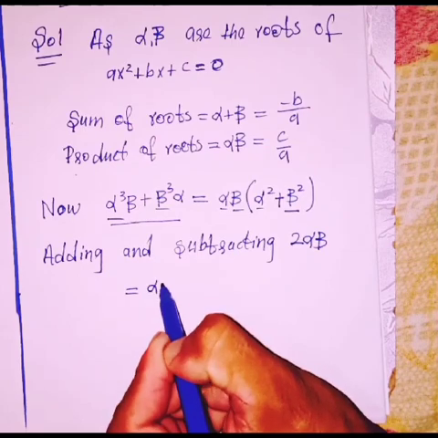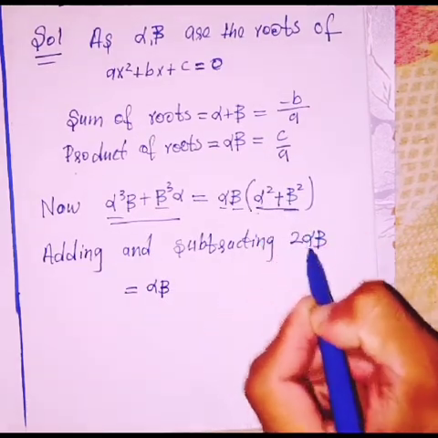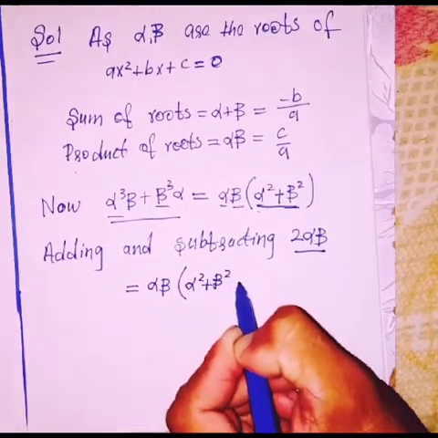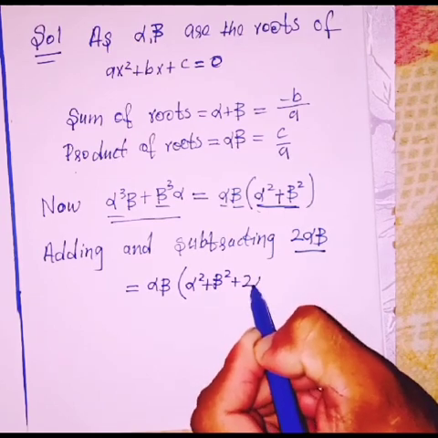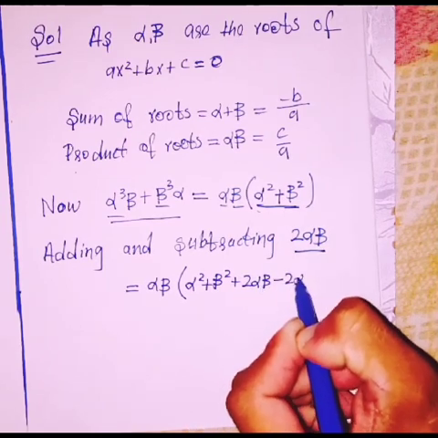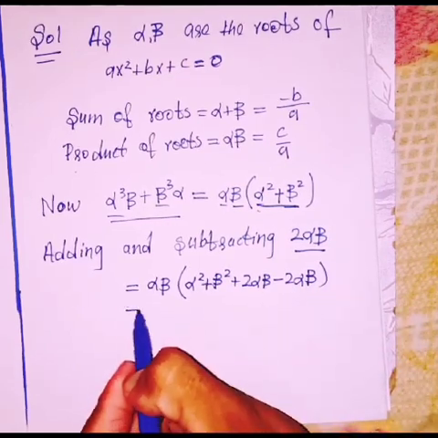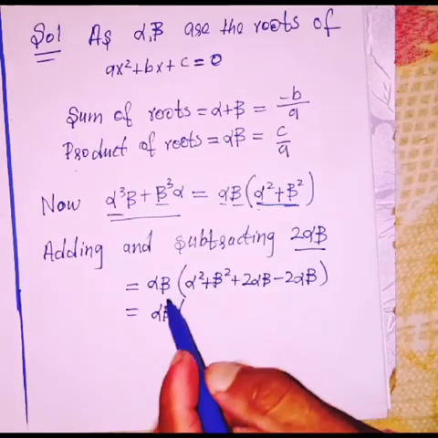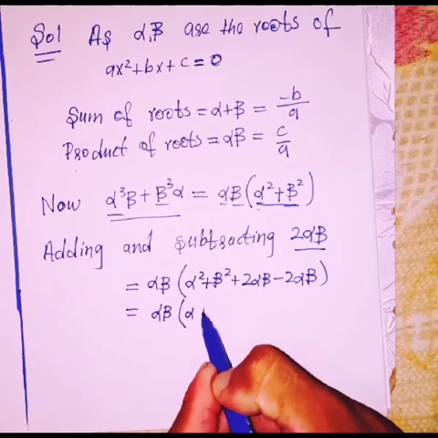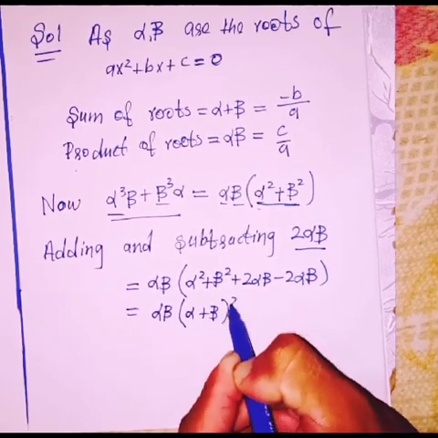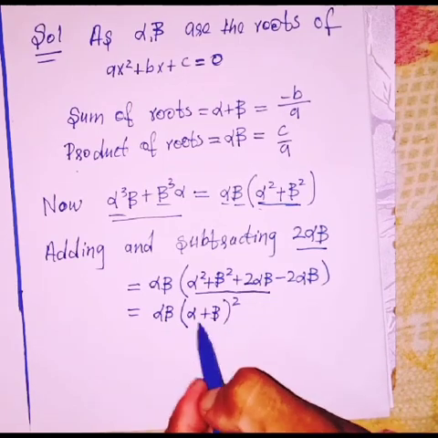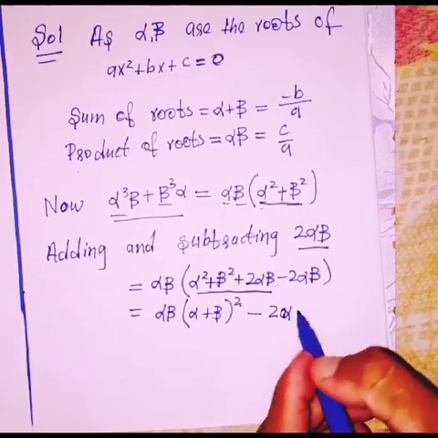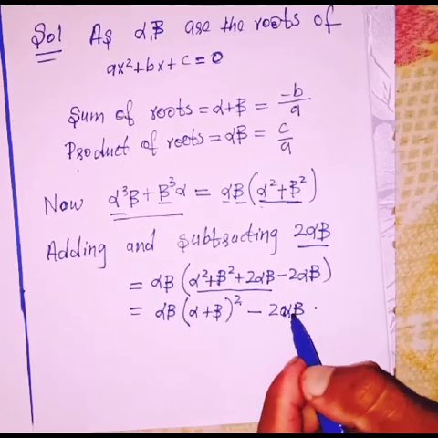Inside the bracket, we write alpha beta, and we add alpha square plus beta square plus 2 alpha beta minus 2 alpha beta. We add and subtract 2 alpha beta, so we get alpha beta, and from here we can write alpha plus beta whole square, because alpha square plus beta square plus 2 alpha beta is the same as alpha plus beta whole square, and minus 2 alpha beta.